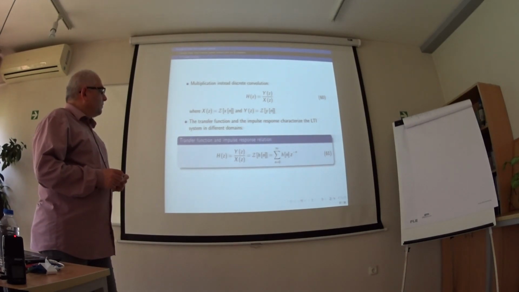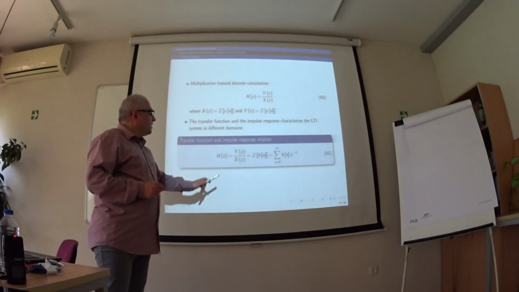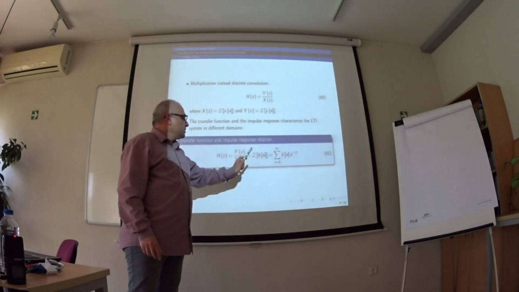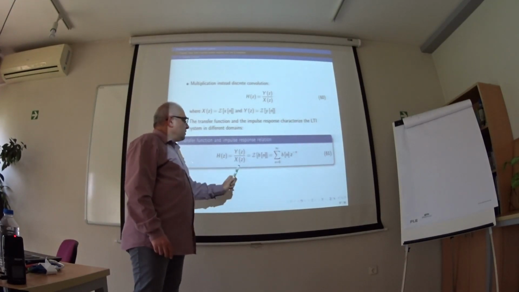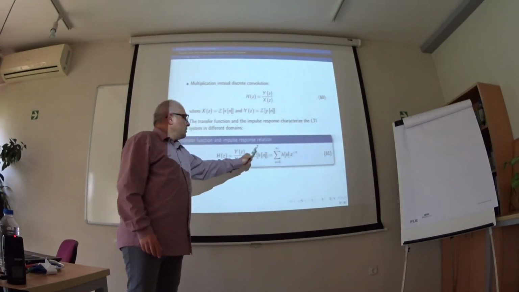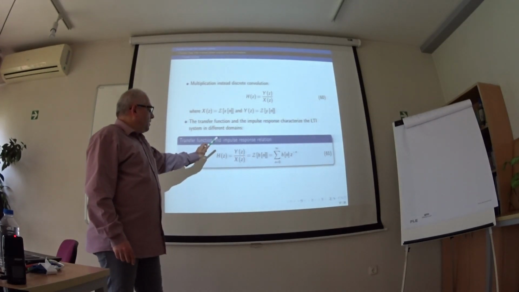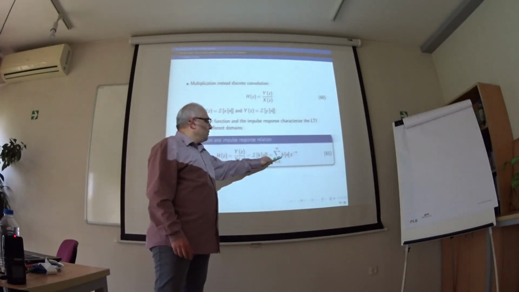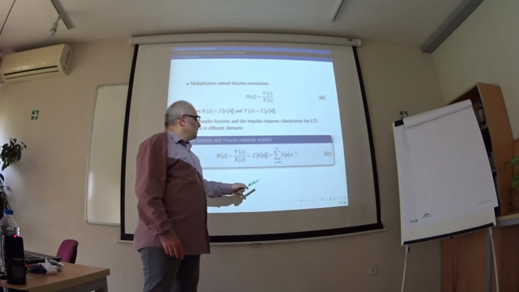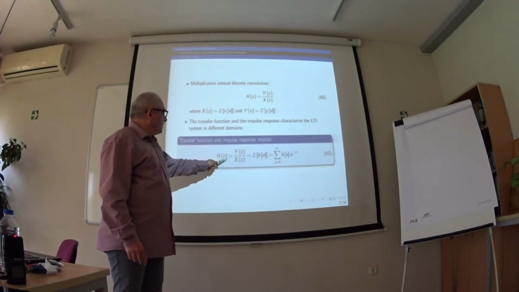Again, for a discrete time system, we have a transfer function and we have the impulse response. They are related. Just by applying the Z transform on the impulse response, we will get the transfer function.